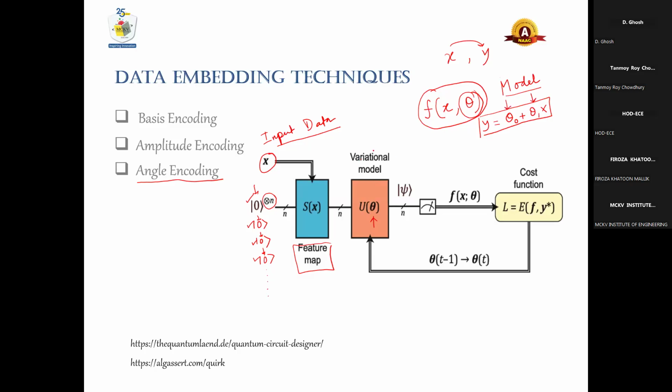Similarly, a quantum variational model also does the same thing. You initialize some parameters in the circuit. The function U(theta) operates on these qubits, and it depends on these theta factors, similar to how the linear model depends on theta naught and theta 1.